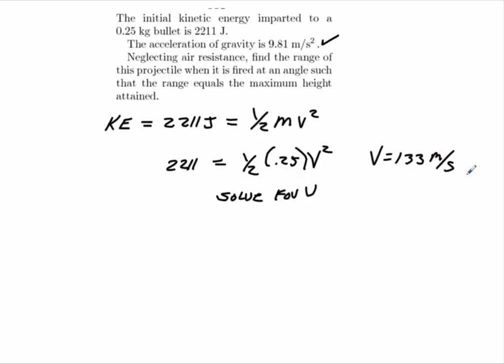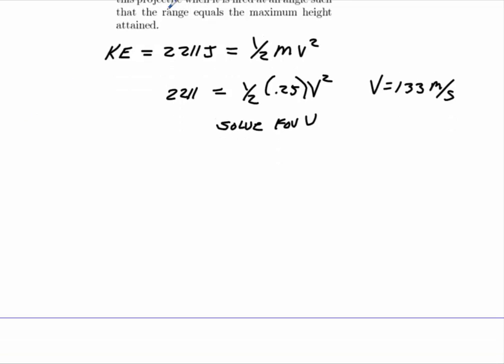Now it says the range is going to be the same as the maximum height. I'll draw a quick little picture to help. Here's a vector coming up and a vector coming down.